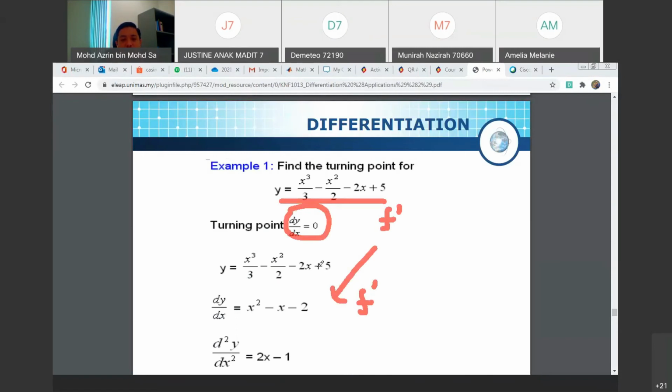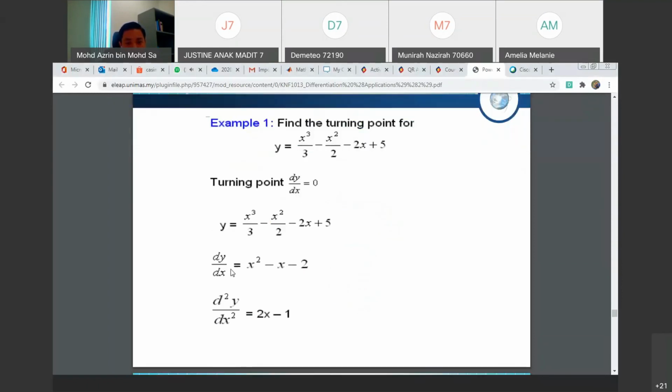So when, then second derivative, so ini example. Then when you do the first derivative, you will get x squared minus x minus 2. Then you do another second derivative, you will get 2x minus 1.